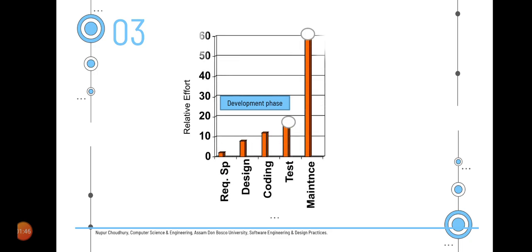So if we look at this plot, which is the relative effort versus the software lifecycle phases plot, we will find that among all the life cycle phases, the maintenance phase actually requires the maximum effort, because the development might complete within a couple of months, but the maintenance goes on for years together, and for almost every software, the maintenance requires much more effort than the development effort.